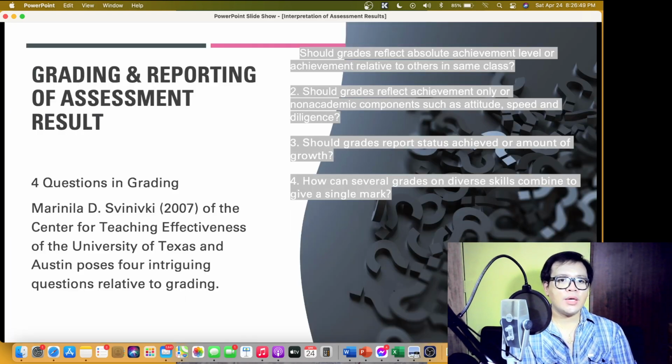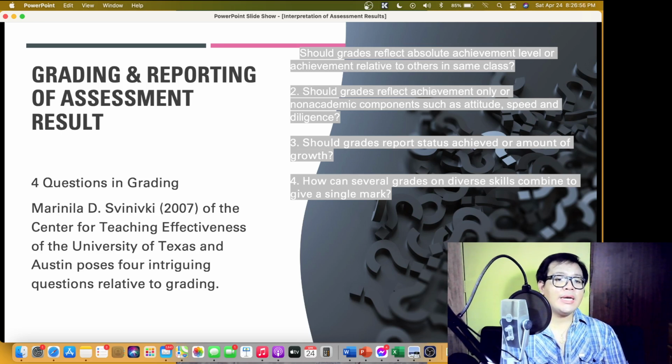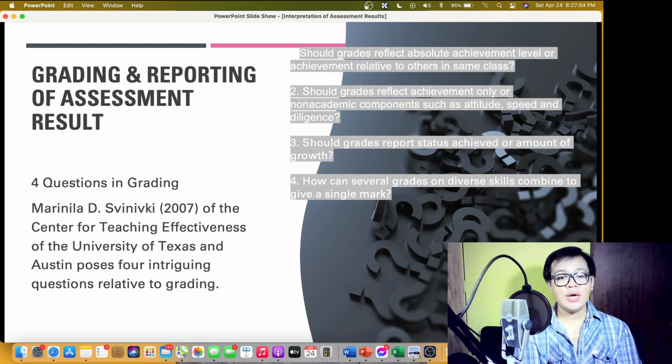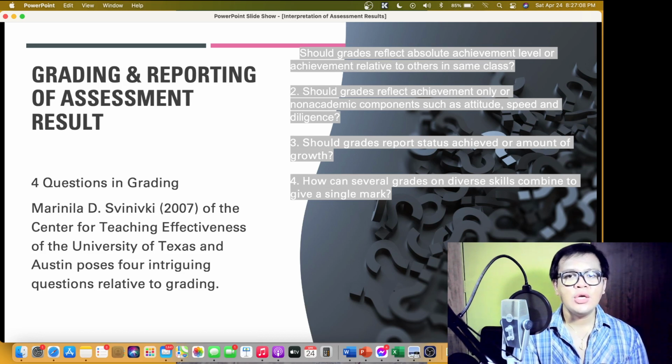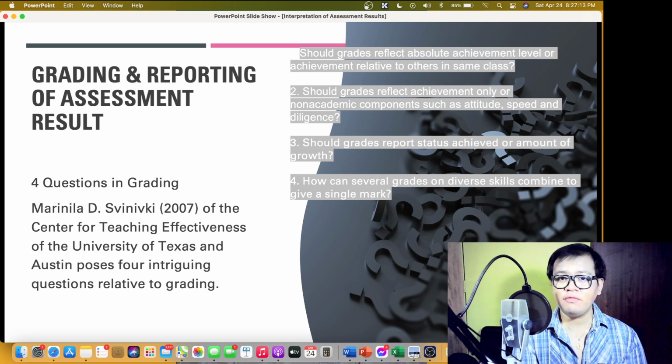Grading and reporting of assessment results. Four questions in grading, according to Marilla Svinicki of 2007 of the Center for Teaching Effectiveness at the University of Texas at Austin, who poses four intriguing questions relative to grading. First, should grades reflect absolute achievement level or achievement relative to others in the same class?